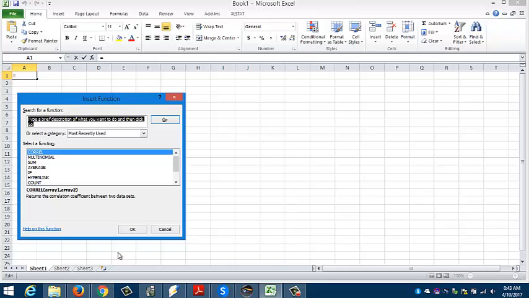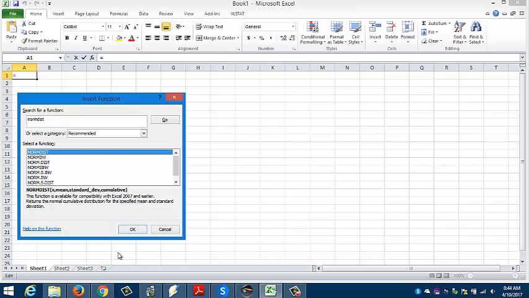Search for a function. I'm just going to type norm and see if it knows it. Norm dist. It is norm, N-O-R-M, and then D-I-S-T, not norms. Norms is different. So norm dist, I'm going to double click it.